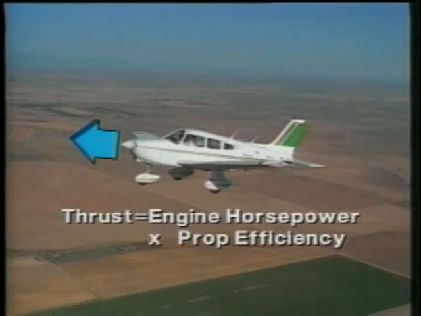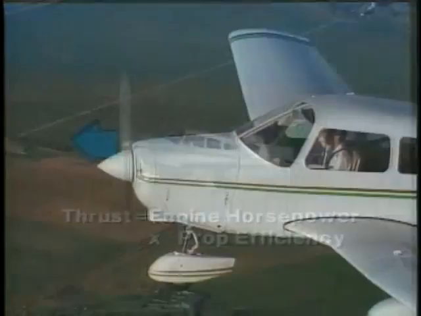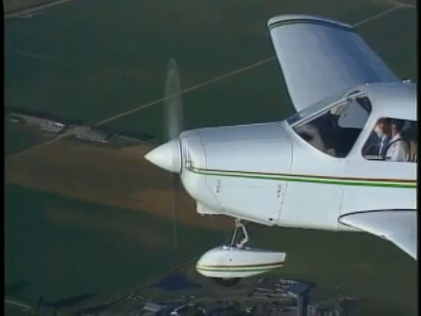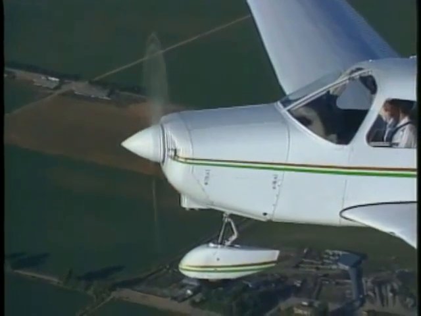Thrust is a product of engine horsepower and propeller efficiency. If a propeller could operate at 100% efficiency, all of the engine's power would be converted into thrust. However, no propeller can attain 100% efficiency.